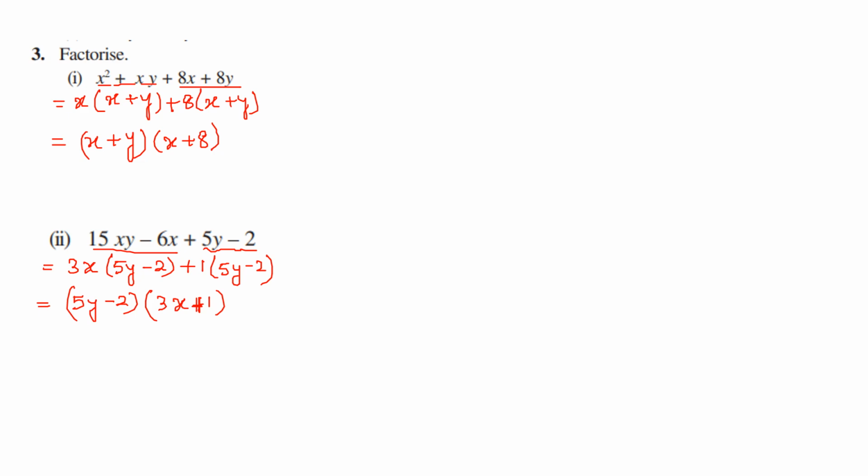Now the third one is ax plus bx minus ay minus by. So here, from the first 2 terms, I can take x common, and from the last 2 terms, I can take minus y common.